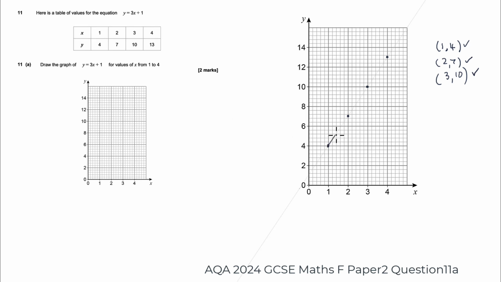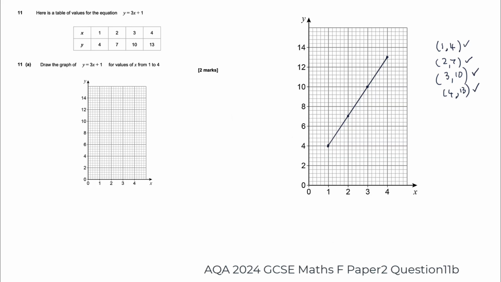It tells us only to do this from x being 1 up to x equals 4. So we'll stop off at the 1 and stop off at x equals 4. So there's the graph that they're after. So that's 4 points we've used, and they're all lying on the graph of that equation.